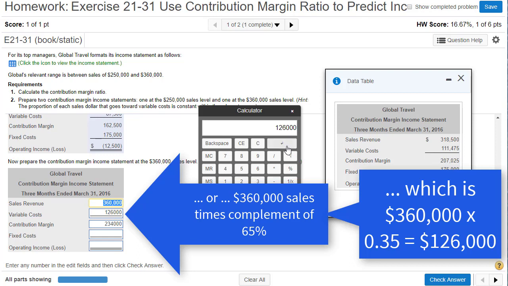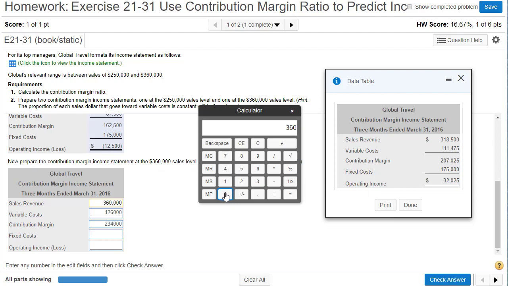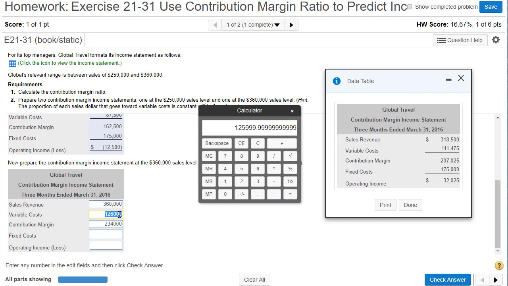Let's just check that to prove it to you. 360,000 times 0.35 might give us something that's a penny off or so. It gives 125,999.99999, which rounds to 126,000.